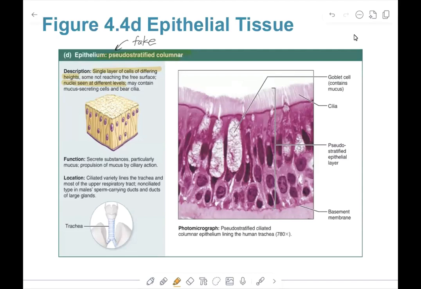When we look at the image on the right side, we can see goblet cells just like we saw in the previous slide. This one has cilia, which again is not the same as microvilli. This is the pseudostratified epithelial layer and then the basement layer. So we can kind of outline where a single cell would be, and there's only one nucleus per cell.